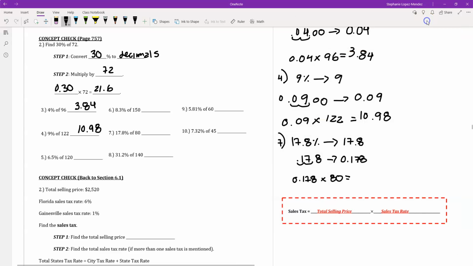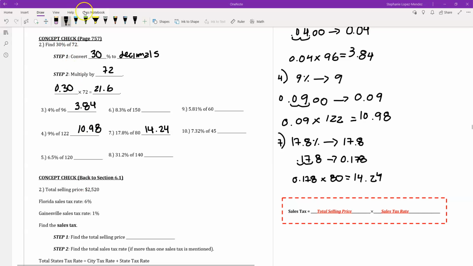That is 14.24. So my answer here is 14.24. Please continue with the other problems, number 5, 6, 8, 9, and 10.